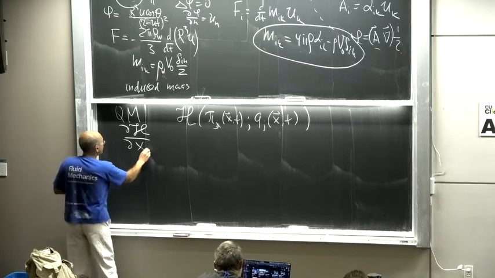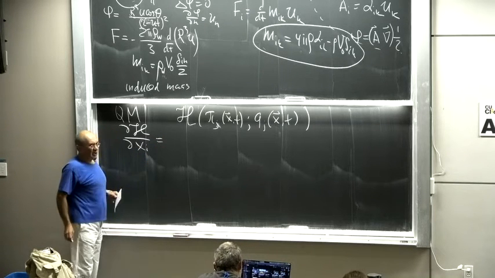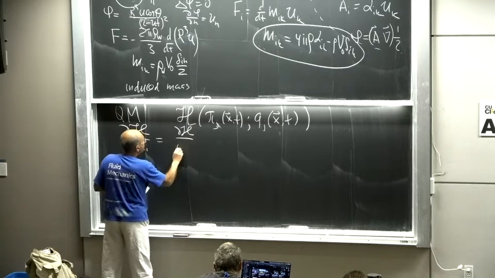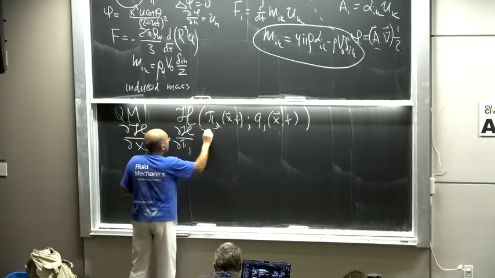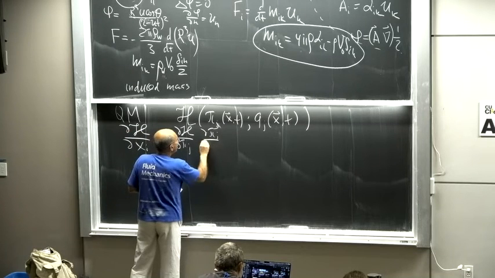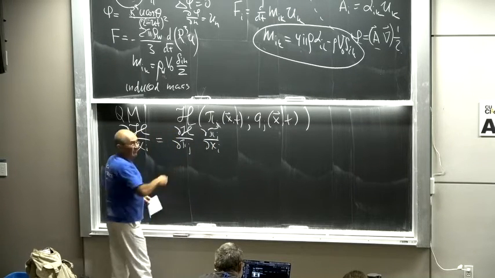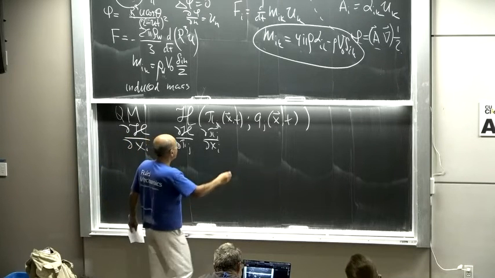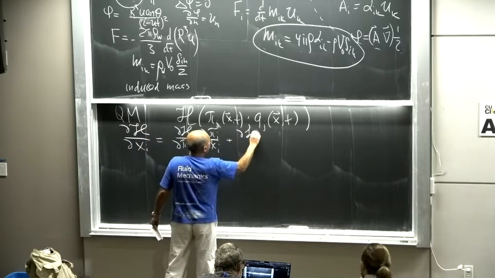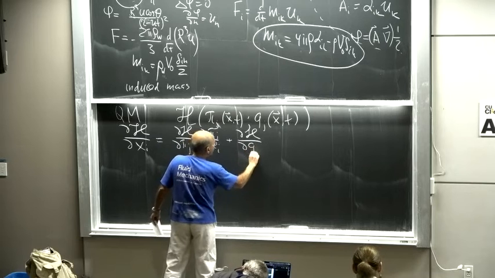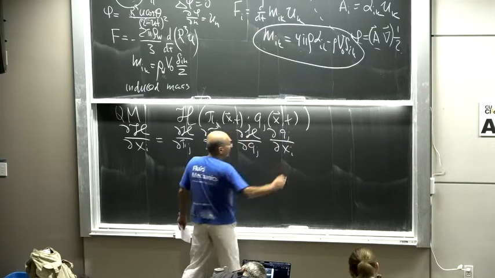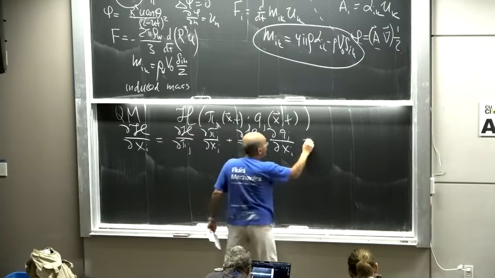So I want dH/dx to be 0. And it's, of course, dH/dp_j times dp_j/dx_i, summing over j with Einstein convention, all repeating indexes. There will be dH/dq_j times dq_j/dx_i. And I want it to be 0.